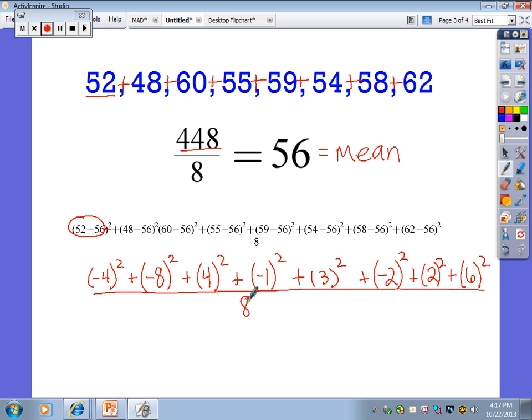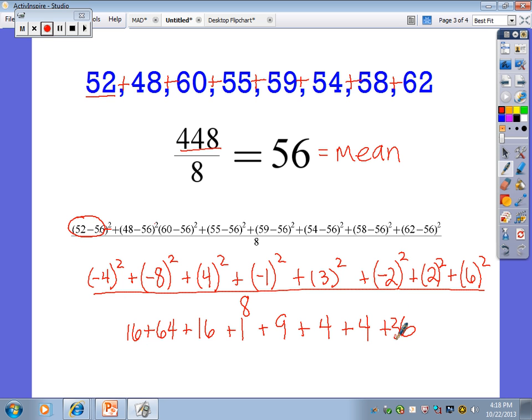So one more simplification here, actually two more. Negative 4 squared is 16, plus negative 8 squared is 64, plus 16, plus 1, plus 9, plus 4, plus 4, plus 6 times 6, which is 36.